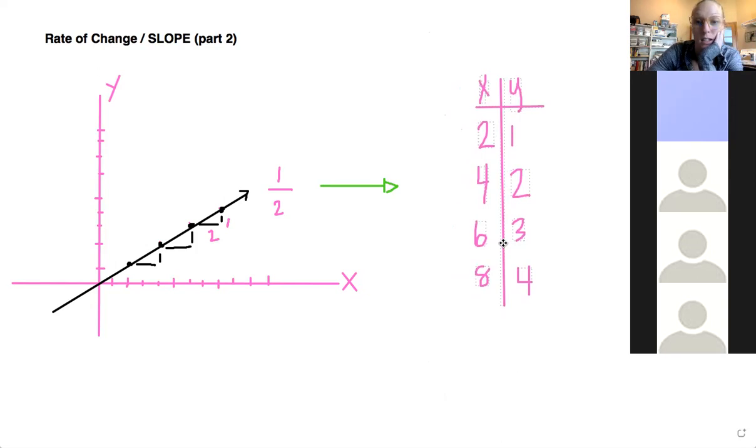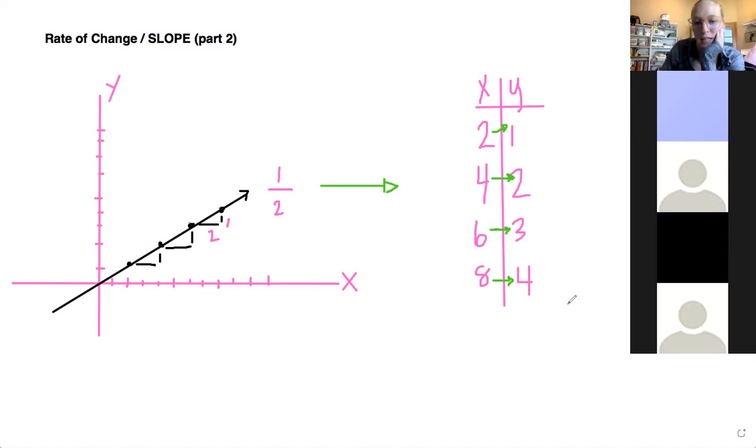Because 1 over 2 is 1/2 and the y is half of x. Oh, interesting. So our y is in fact half of x. So we see our rate of change happening in this direction. Does anybody need Anna to clarify that better? Yes, please.